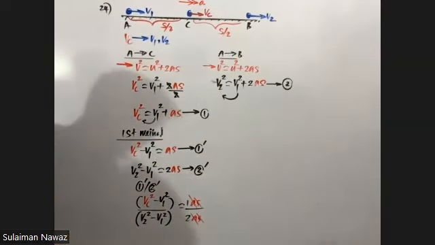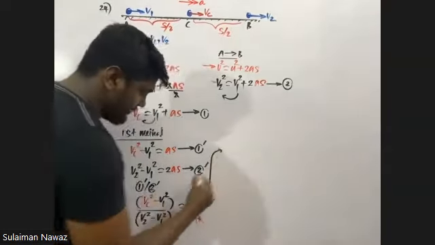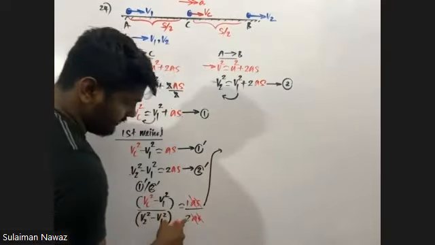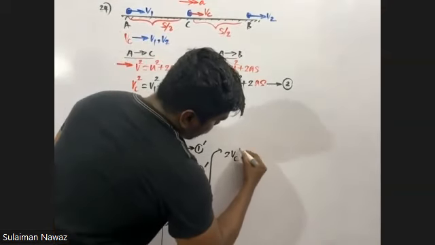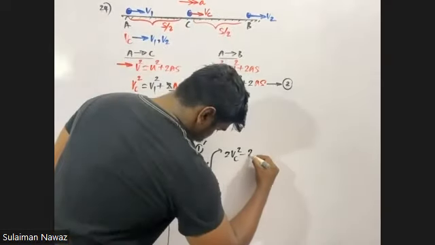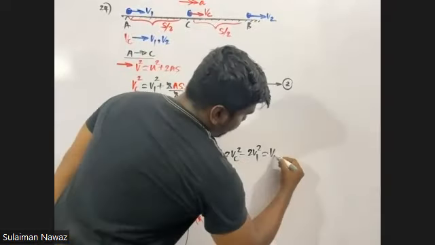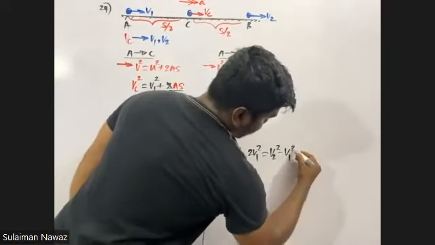Cross multiply, then you will get the answer. If you cross multiply, 2 VC squared minus 2 V1 squared equals V2 squared minus V1 squared.